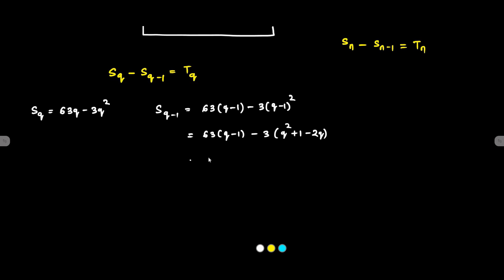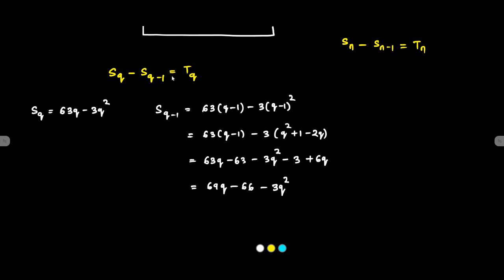This is equal to 63q minus 63 minus 3q square minus 3 plus 6q. So this is equal to 63q plus 6q, that is 69q, minus 63 minus 3, that is minus 66, minus 3q square. This is Sq minus 1.